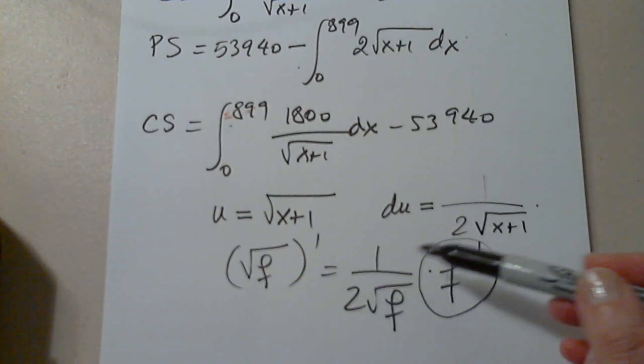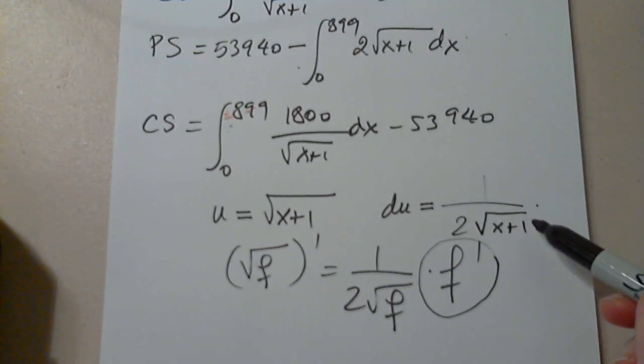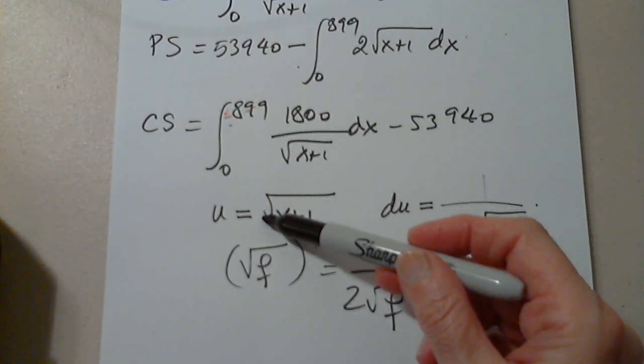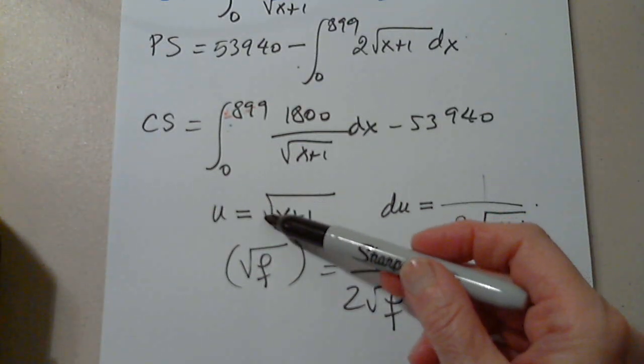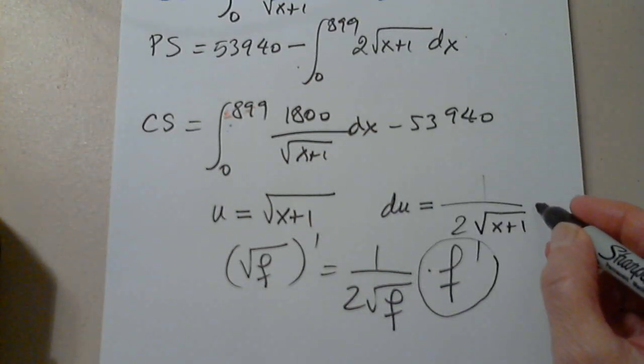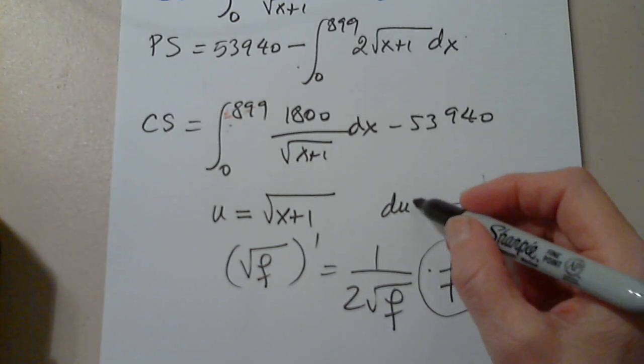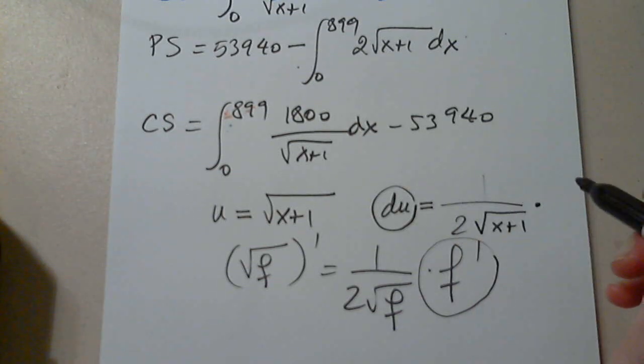so we have the 2, we have the square root of the function, but now I need to differentiate the inner function. How much is the derivative of this? Perfect. Times, we are finding du. We're not finding the derivative.